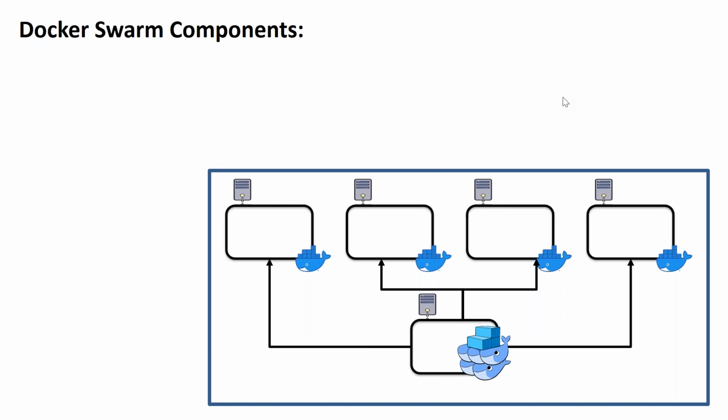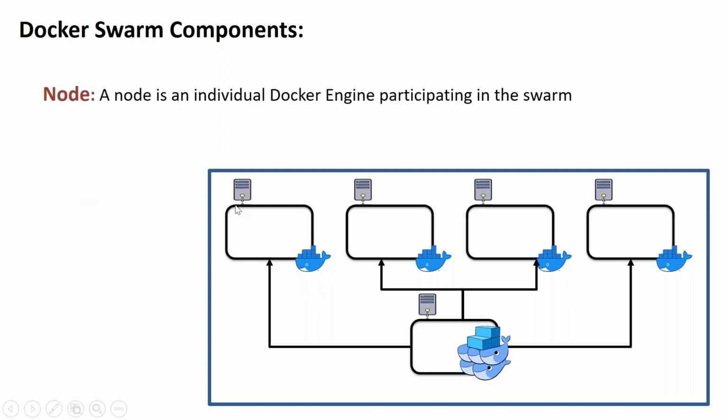So now you will be seeing this diagram a lot, so get used to it. Once again, you can see that it's nothing but a cluster in which we have 5 machines. When you take a cluster, every machine in the cluster is typically called a node. So a node is every machine in your Swarm, or in your group of machines, in which Docker is installed and which is connected as a group.